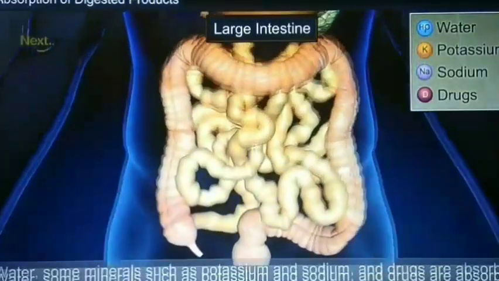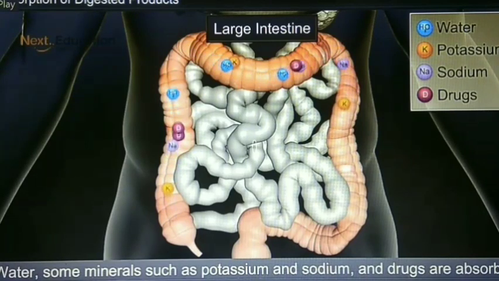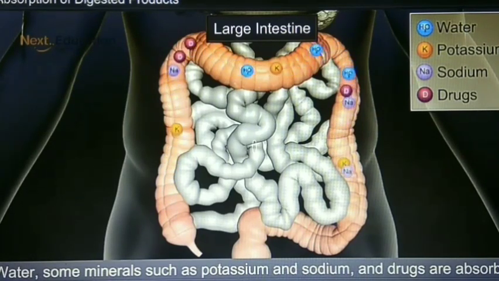And coming to the large intestine, the absorption of water, potassium, sodium and certain drugs also takes place in the large intestine. So you can see these things are absorbed by the large intestine.